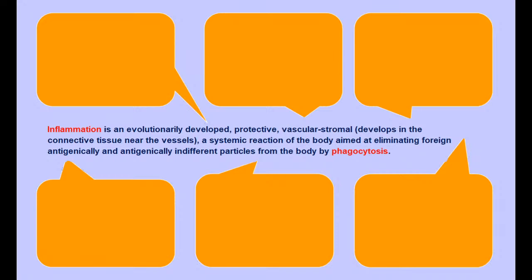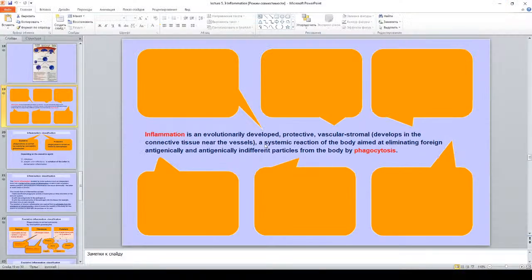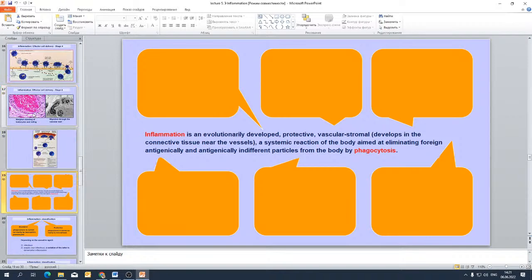Then we discuss the next word, vascular stromal. What is it, vascular stromal? If we discuss inflammation, I'm showing a picture, a different picture.